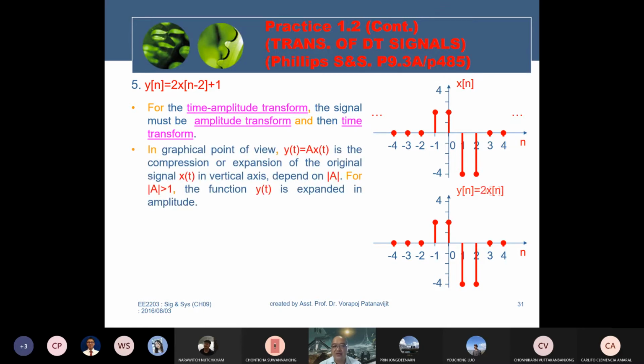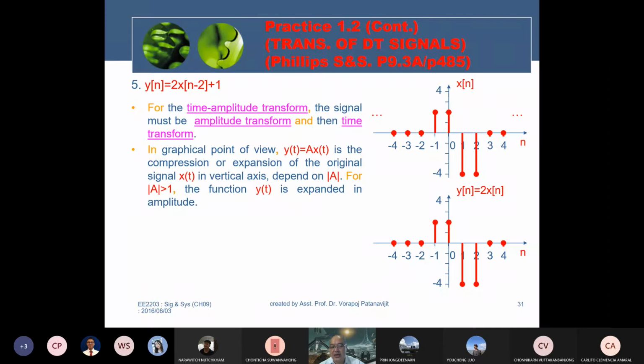For the amplitude transform, you must proceed with the amplitude scaling first. From the graphical point of view, y(t) = a·x(t) is the compression or the expansion of the original signal x(t) in the vertical axis, depending on the absolute value of a.